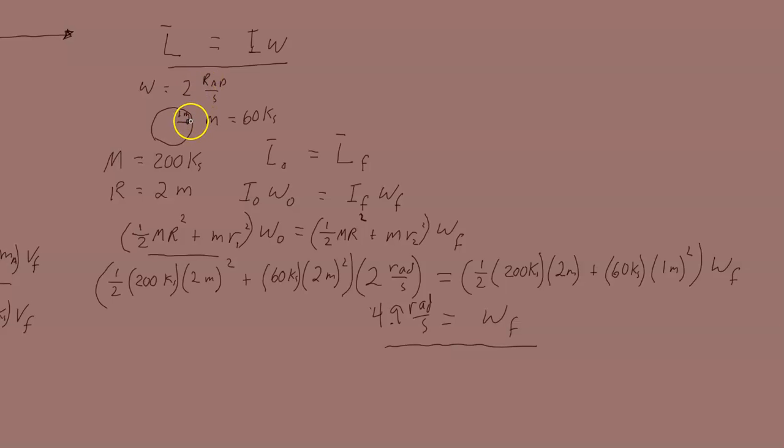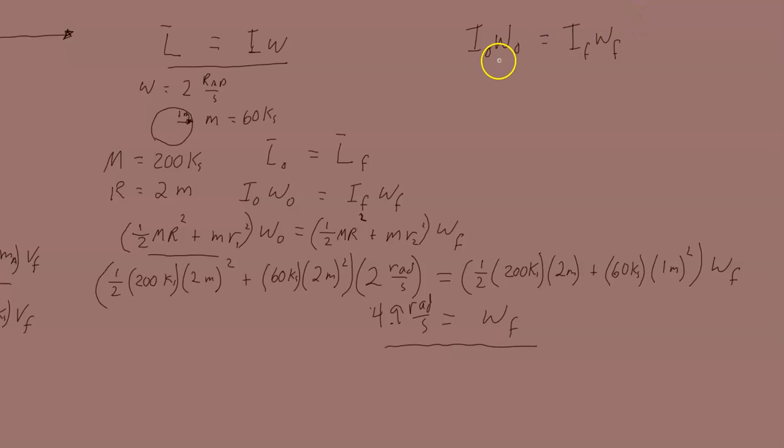As the person goes in, their angular velocity increases. You can look at it like this: we have an initial moment of inertia times the initial angular velocity, and then a final moment of inertia times the final angular velocity.